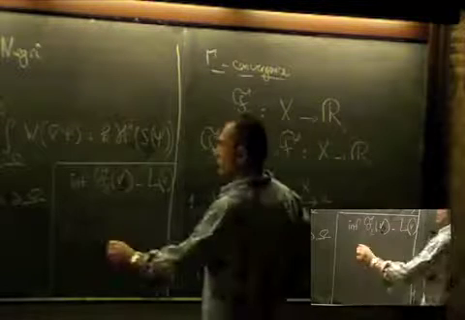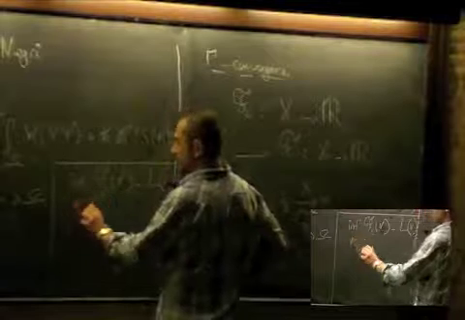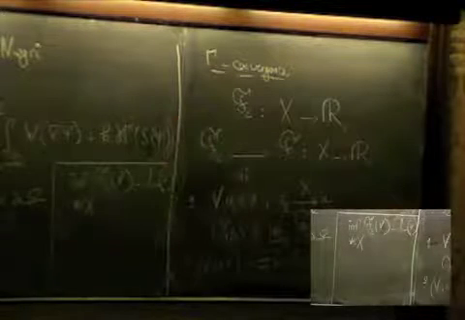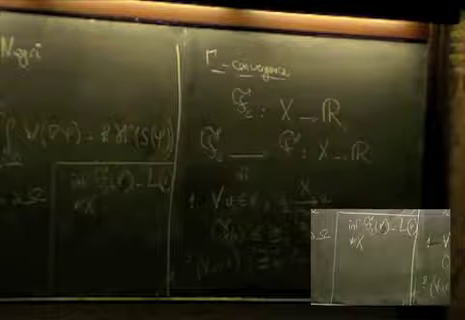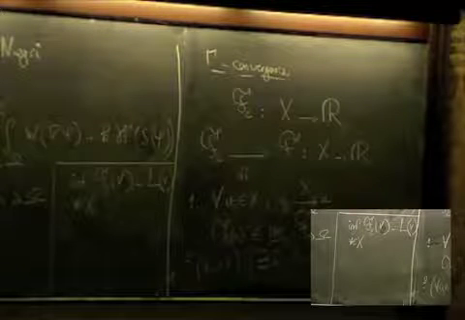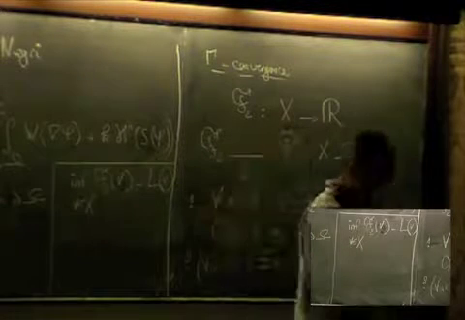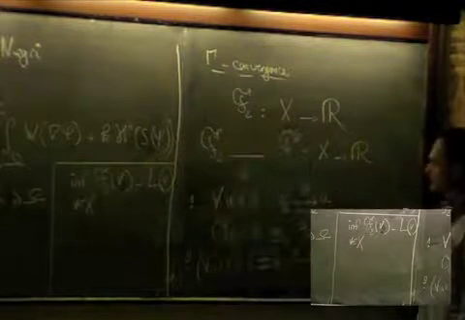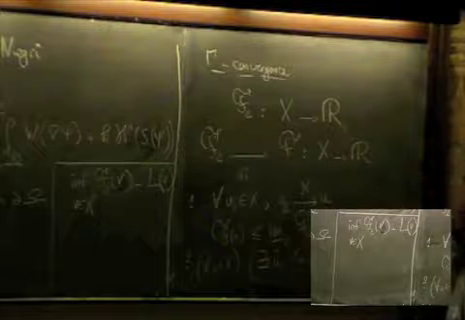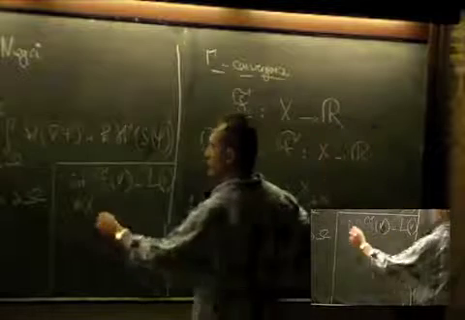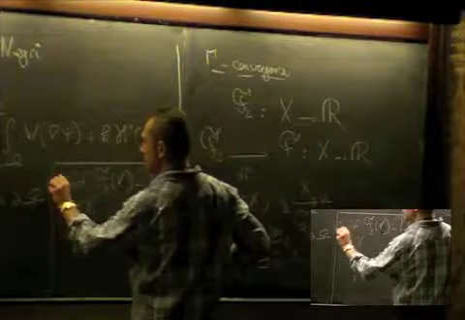I want to do the inf over V in X of f epsilon of V minus L of V. An inf always exists. It might be minus infinity, but it exists. This inf I'm going to call I epsilon.